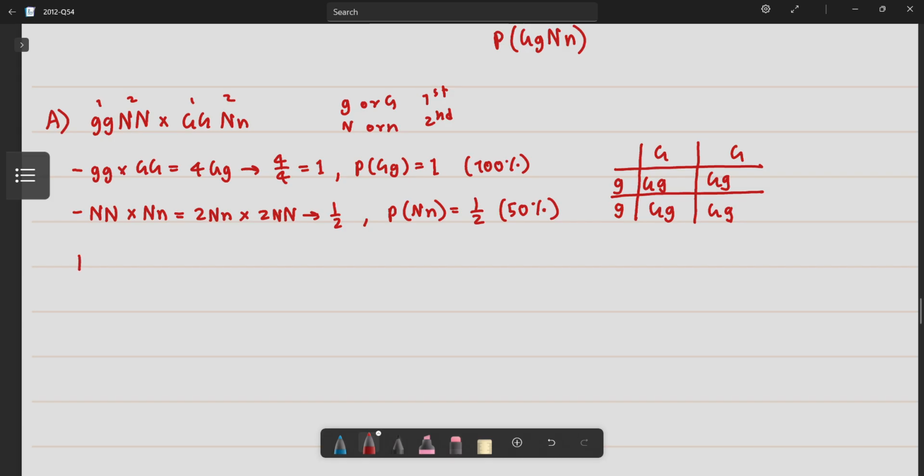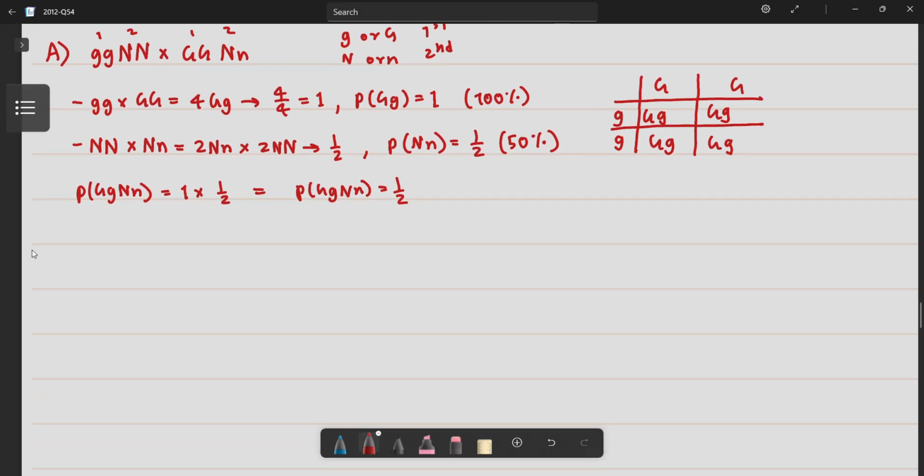If we combine the probability of being heterozygous for two genes, we multiply them. So 1 times half gives a probability of half.